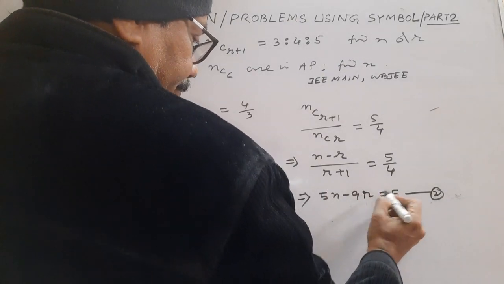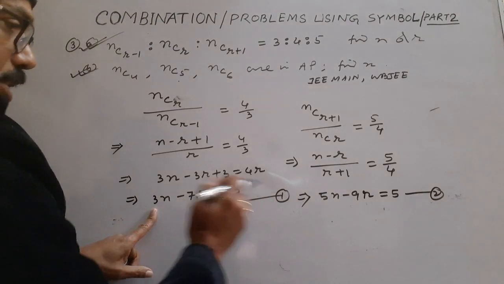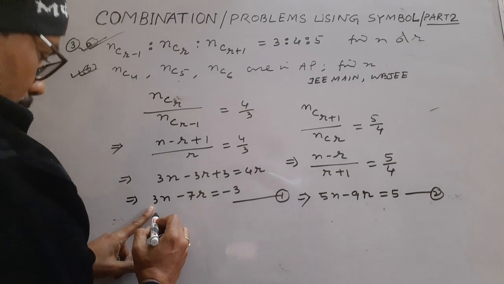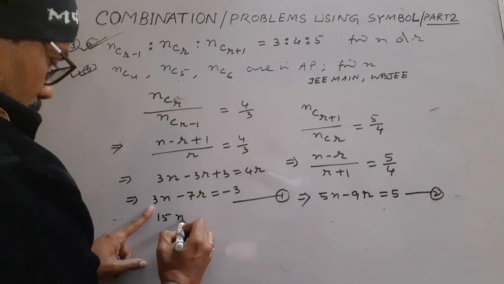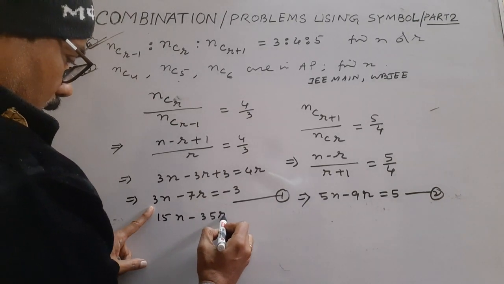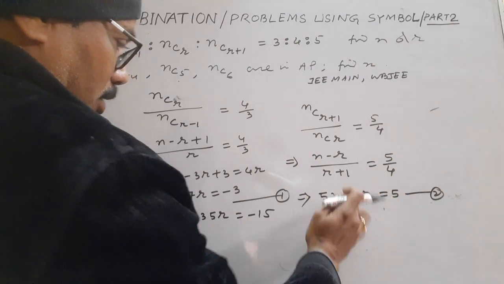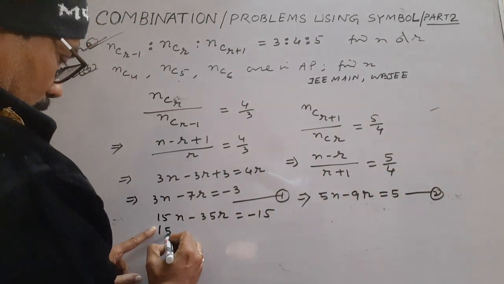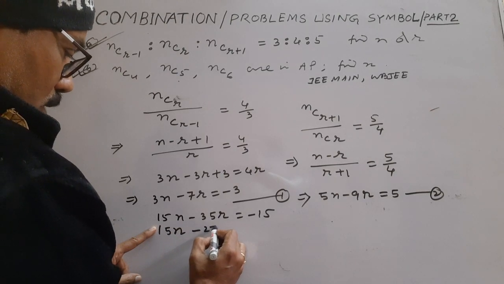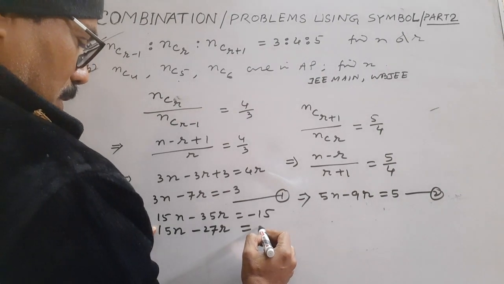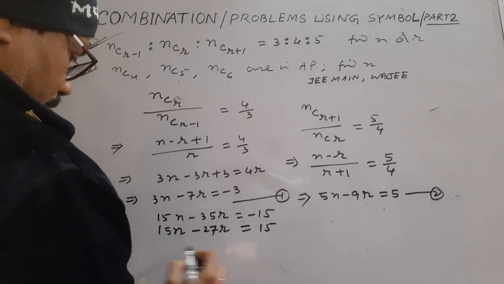Nine r. So this is 5n, this is 3n. So multiply it by 5: 15n minus 35r equals minus 15. And multiply it by 3: 15n minus 27r equals 15.